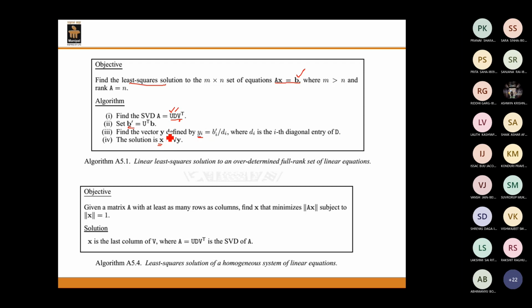Okay, we need not go into detail on this, just understand that by factorizing the matrix A, you will be able to do the least square solution in an easier way, right? SVD can also be used for a least square minimization problem. Let's say you want to minimize Ax, given the constraint that modulus x is equal to 1. Then the solution would be just taking the last column of V, where V is obtained from the singular value decomposition of A. So we'll be seeing these details later.